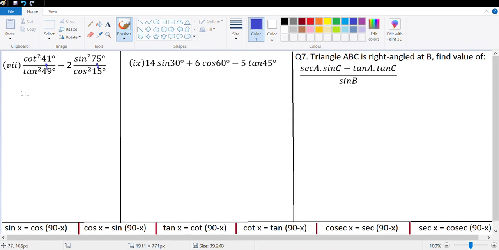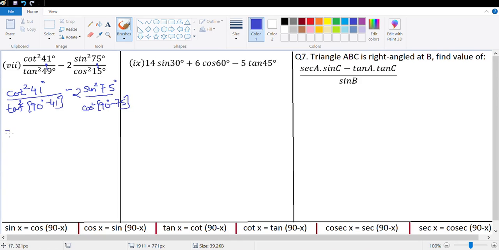So we can write this as cot square 41 degree upon tan square 90 degree minus 41 degree, because 49 is nothing but 90 minus 41, and this is 2 sin square 75 degree upon cos square 90 minus 75 degree, because 15 is nothing but 90 minus 75.